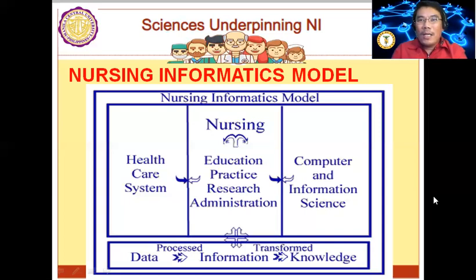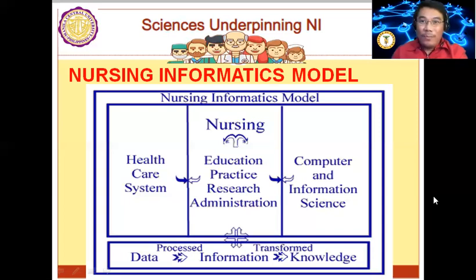Computer science is how nurses use their skills, literacy, and basic knowledge in the processing of information using software and hardware. Then nursing science is the integration of applied concepts in nursing.